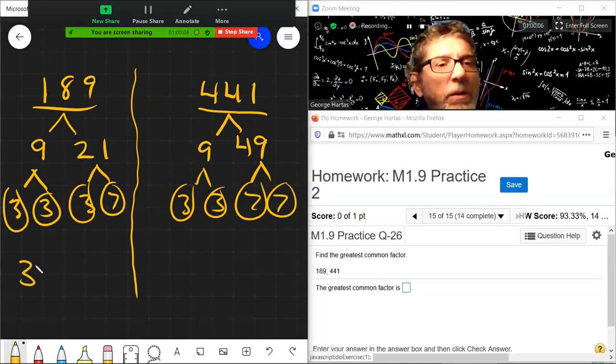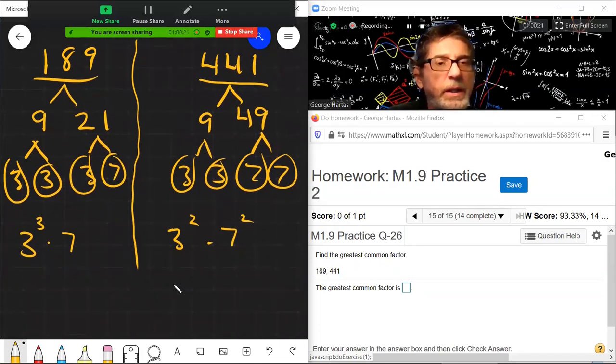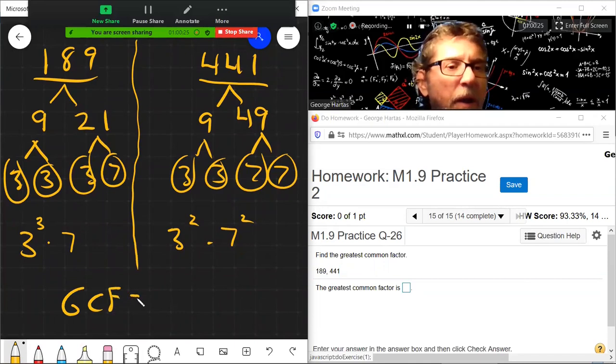We got 3 to the 3rd power. We have 3 to the 2nd power. 7 to the 2nd power. What's the GCF? What do you think? We got 3 3s here.